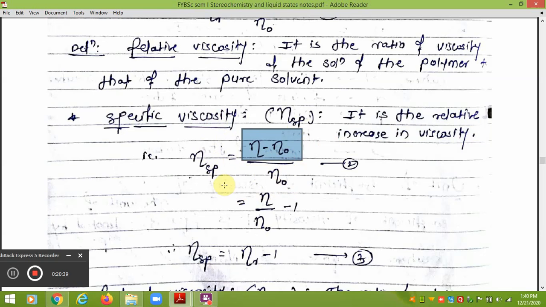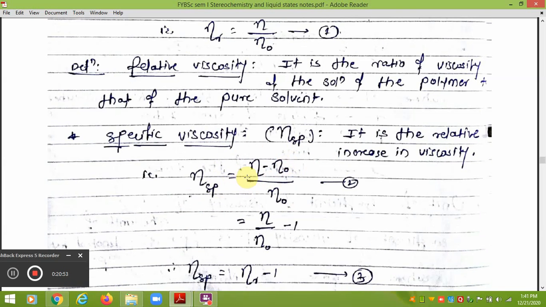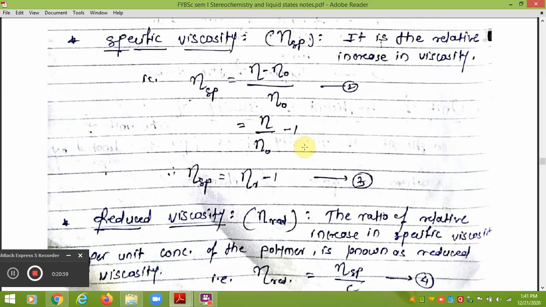So this is very important: the relative increase in viscosity is called the specific viscosity. By simplification, specific viscosity is given by this equation: specific viscosity is equal to the relative viscosity minus 1.